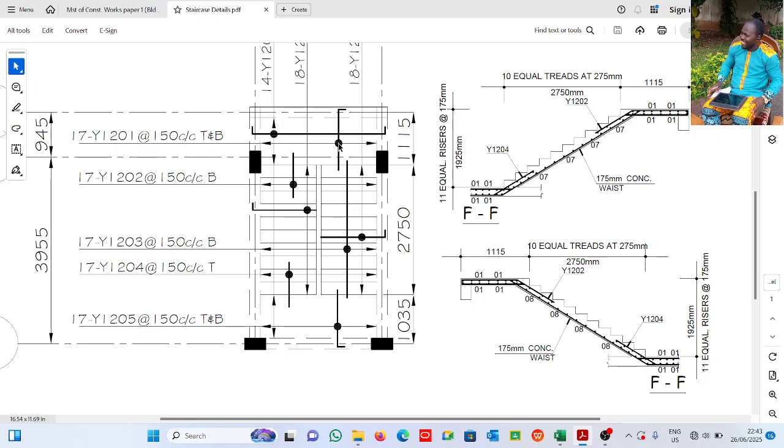Bam. See it here. Now this is the reinforcement we are talking about. Now this is the span. Look at this black arrow to this black arrow is the span. And we're told there are 17 numbers, top and bottom. From here to here is 945. All I need to do is add this small one here and add this small one here.